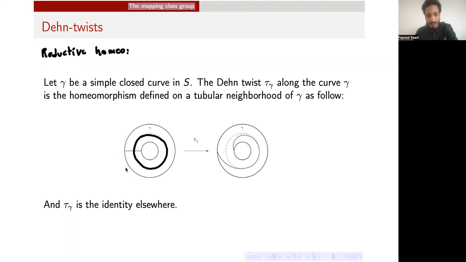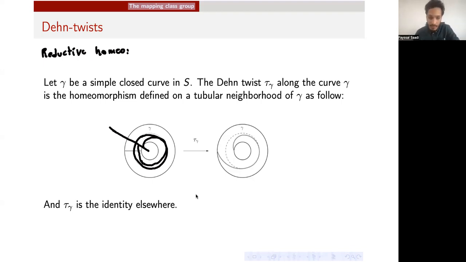If a curve passes transversely through this tubular neighborhood, it turns one turn along the curve gamma. This is what happens in the tubular neighborhood, and it is the identity elsewhere. So for each curve gamma, you can construct this homeomorphism.